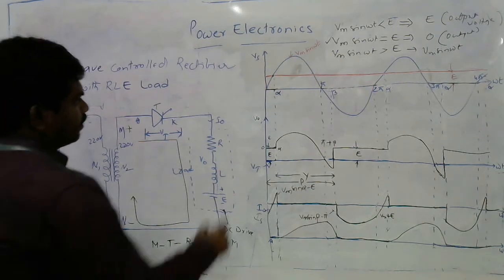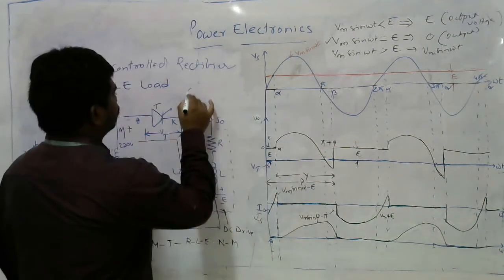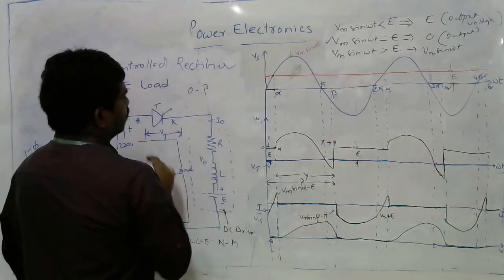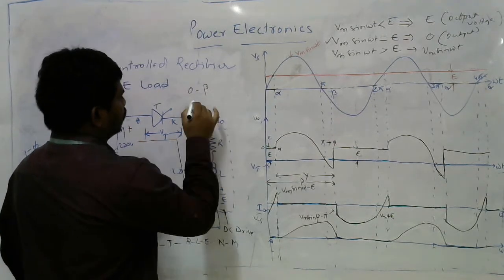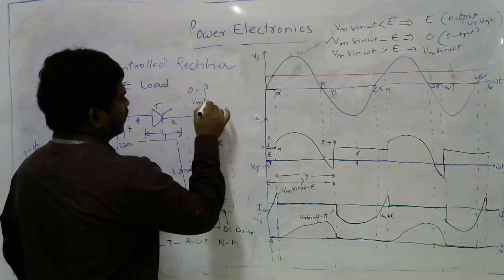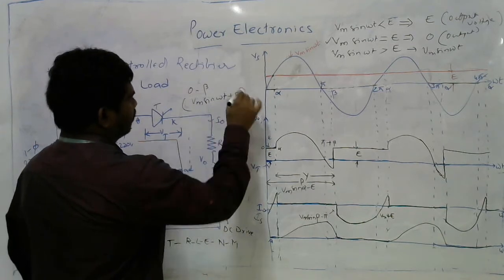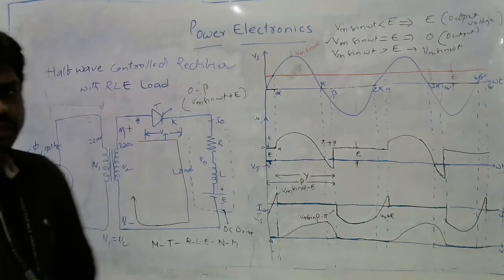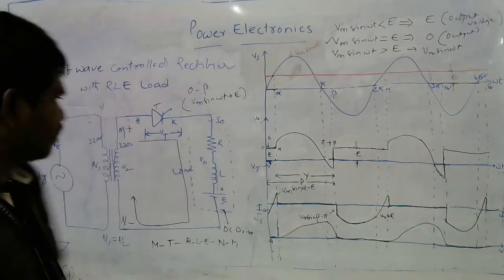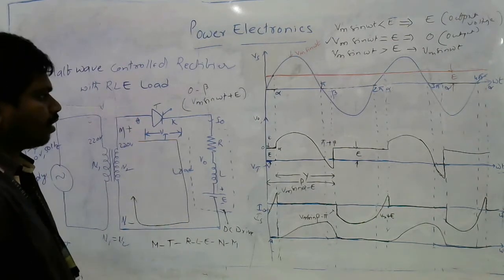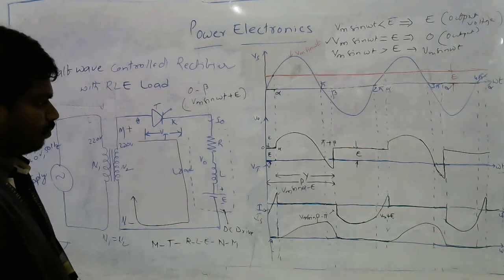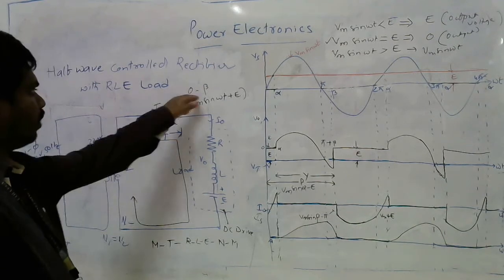The only thing is that from 0 to beta, Vm sin omega t plus E. Shall we write like this? Yes. Okay. So these are the things after doing all the calculation.